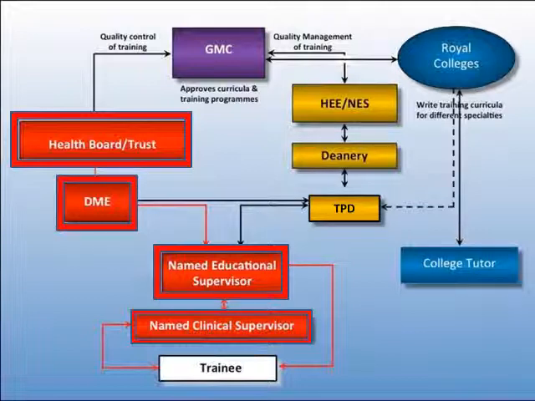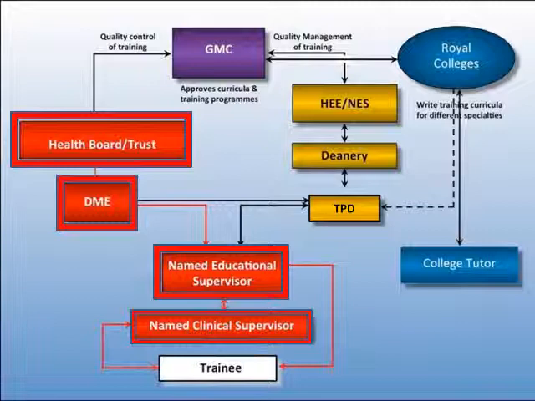The clinical supervisor will not always be from your base specialty. For example, within the ACCS training programme, there will be clinical supervisors for the acute medicine and emergency medicine component who will be a physician and an EM consultant respectively. They will write a clinical supervisor's report at the successful completion of your post.